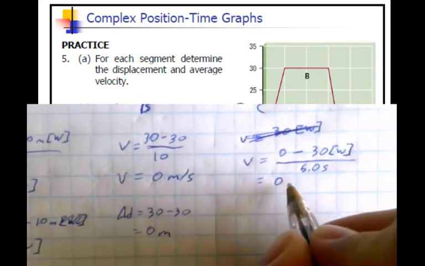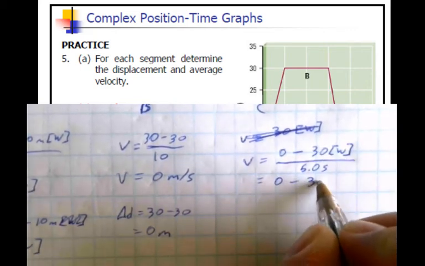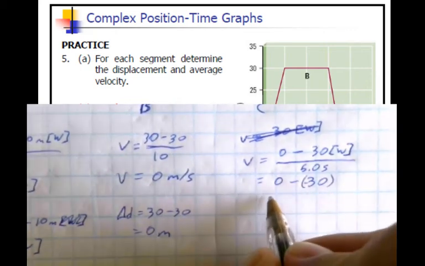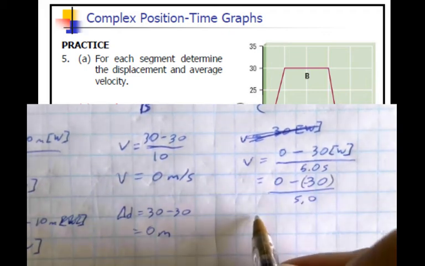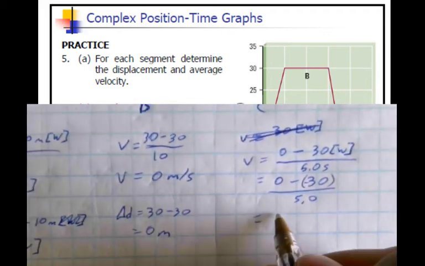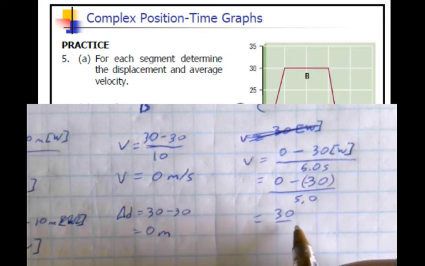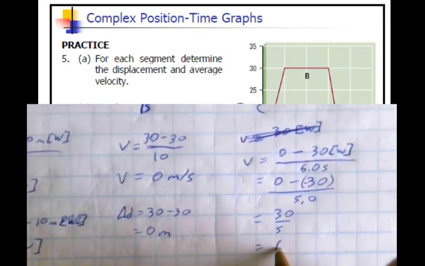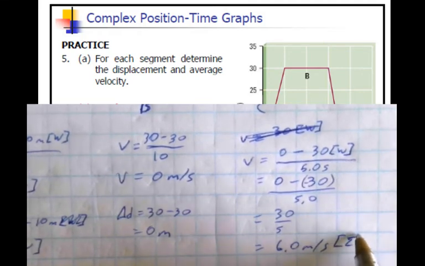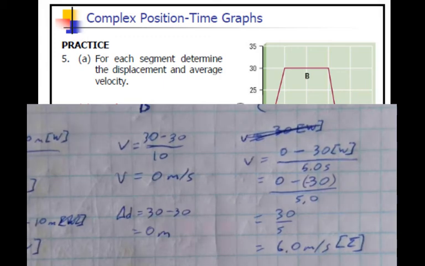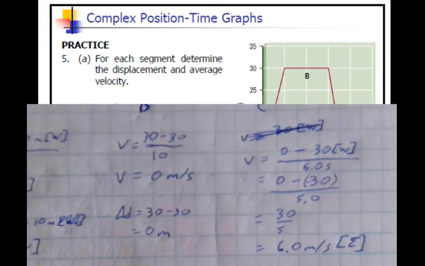If I write that as east being negative, I have 0 minus negative 30, which becomes 30 over 5, which is 6.0 meters per second east. That's my velocity.